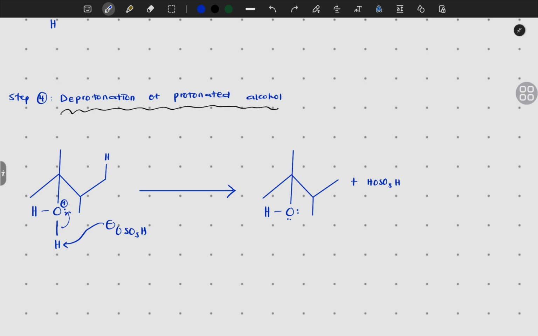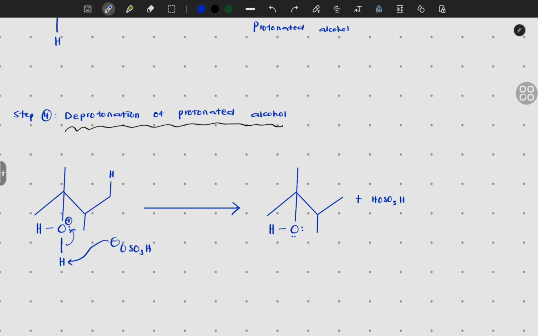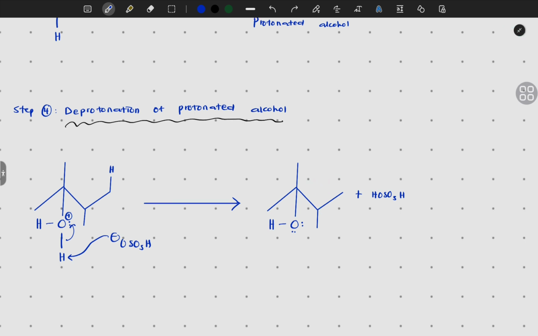Step 4, deprotonation of the protonated alcohol. In the final step, a proton is abstracted from the positively charged oxygen, forming the final product, 2,3-dimethyl-2-butanol.